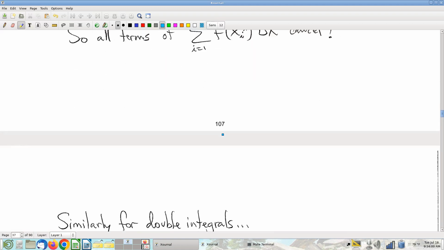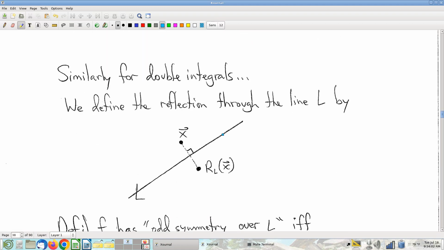So let's talk, how would I do a multivariable version of this? It's going to all start with this idea of a reflection through a line. Let's suppose we have a line here called L, and reflection means exactly what you think it means. Right?